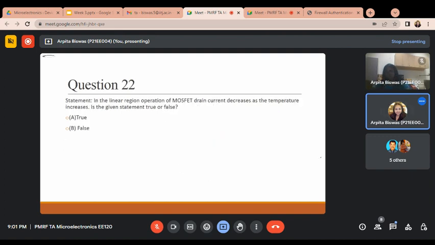Okay. So this is the last question. Statement: in the linear region operation of MOSFET, drain current decreases as the temperature increases. So is the given statement true or false?